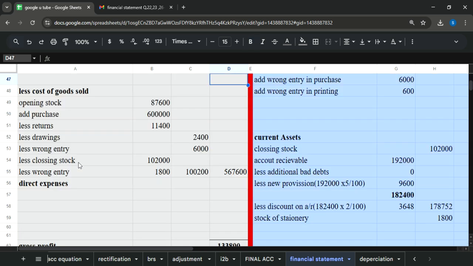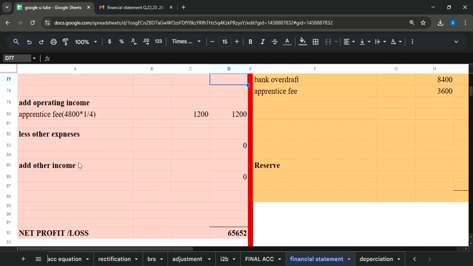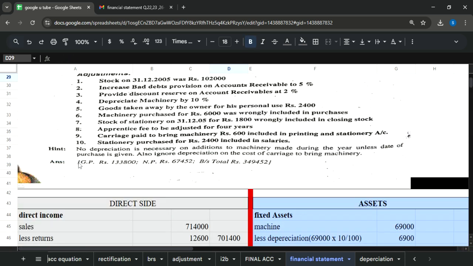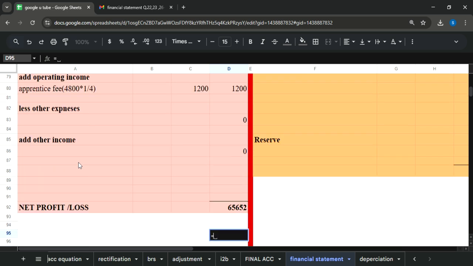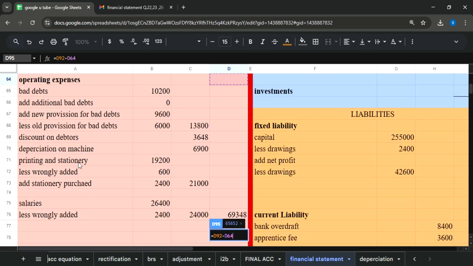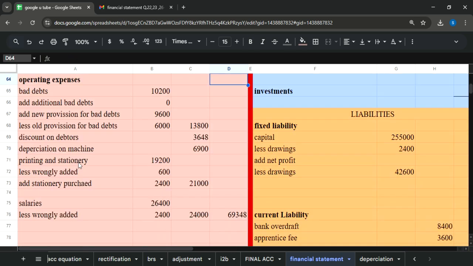Alright, so now it means we have 65,652 and here 67,452. It means that the stock of stationery has some issues. So let's see. Here we do have 67,452.